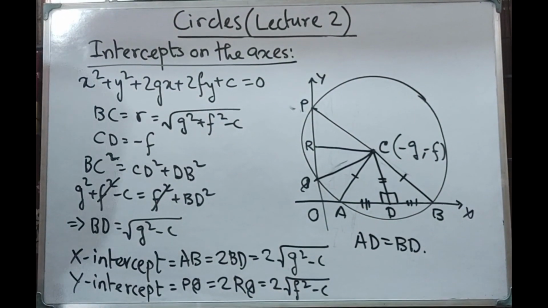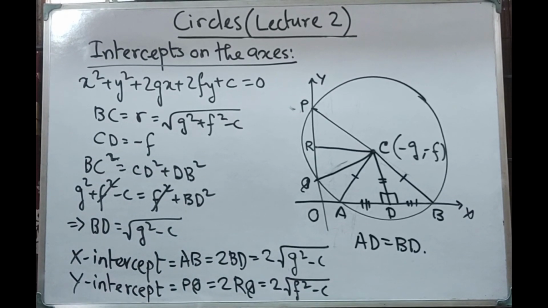So these two are the intercepts of a circle on the axis. So in various problems, the intercepts will be given, and from that we need to find the value of c or the center. So these formulas will be very much important in this case.